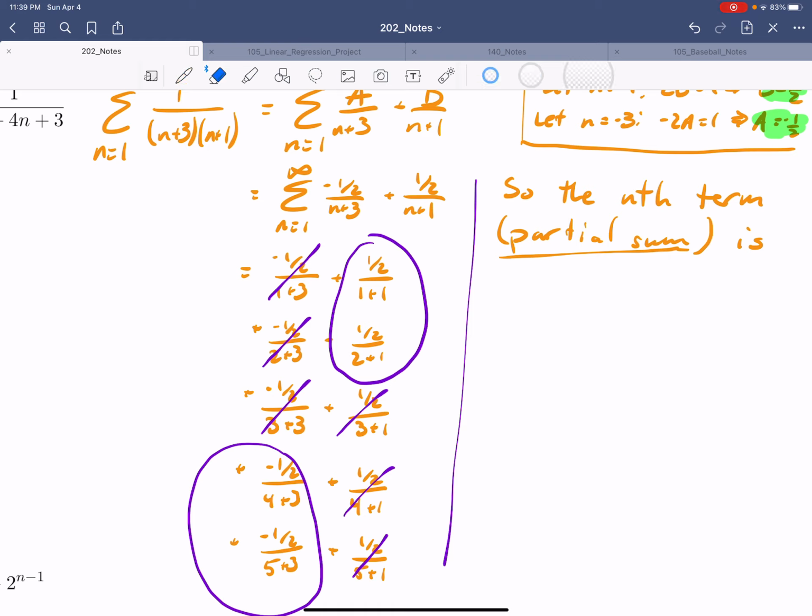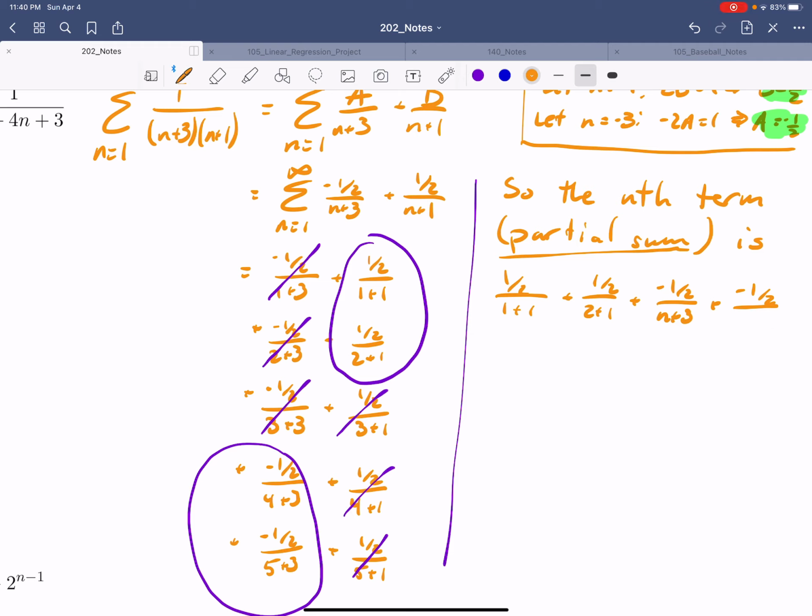It's going to be 1 half over 1 plus 1, or 2, plus 1 half over 2 plus 1, plus negative 1 half over n plus 3, plus negative 1 half over n plus 4.